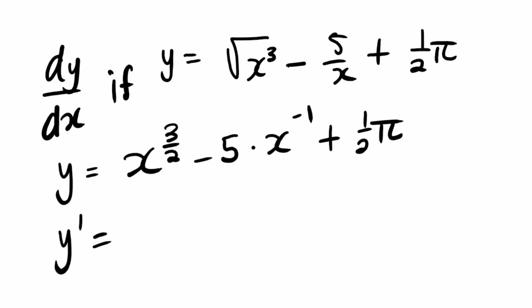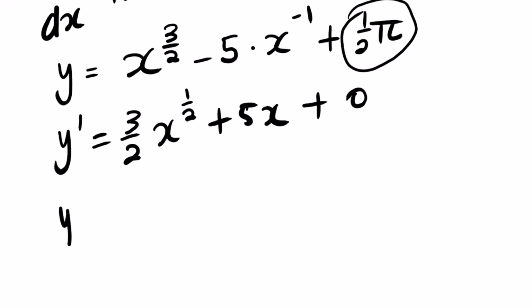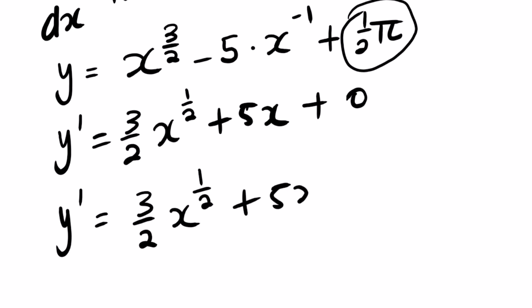The derivative of this, we have 3 over 2 x to the power 1 over 2. The derivative of this is positive 5x. Then the derivative of this is a constant. The derivative of pi over 2 is 0. So we have 0 here. And then plus 5x. This is our final answer.